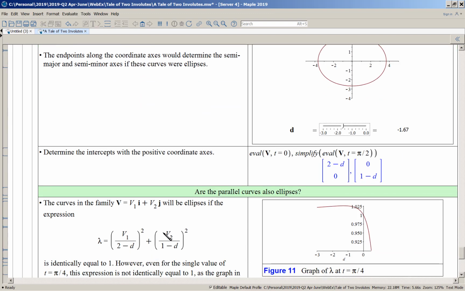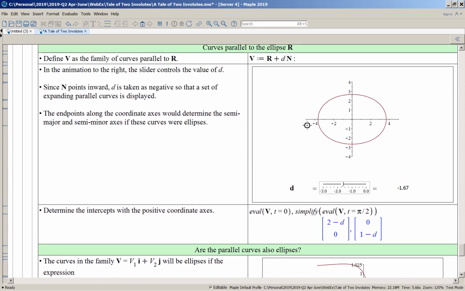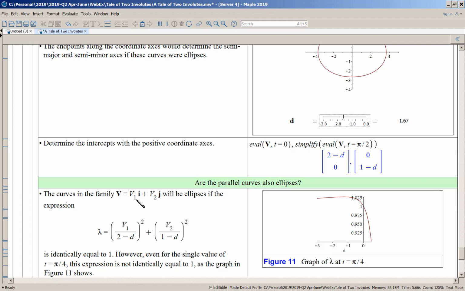And then I said, okay, I've got expressions for this vector, 2 components here, script v1 and script v2. If these curves are ellipses, then division of this component by this length and this component by this length squared and added should be 1.